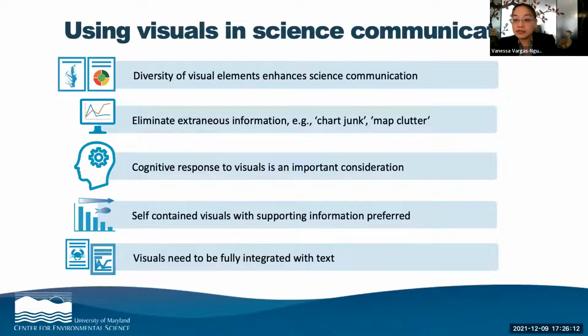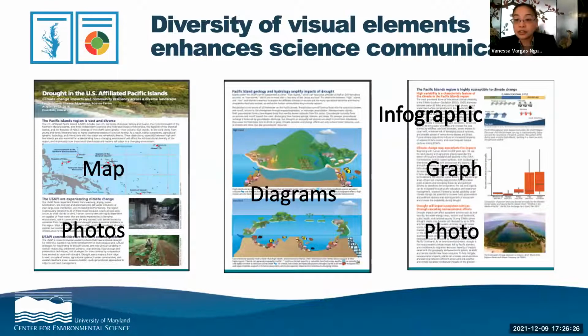So next, using visuals in science communication can be very effective because as humans, we are visual creatures. So here are some examples. Here are some principles in using visuals in our science communication. First, there is a diversity of visual elements that we can use for science communication. But remember that developing them deserves as much time and effort as developing your text.